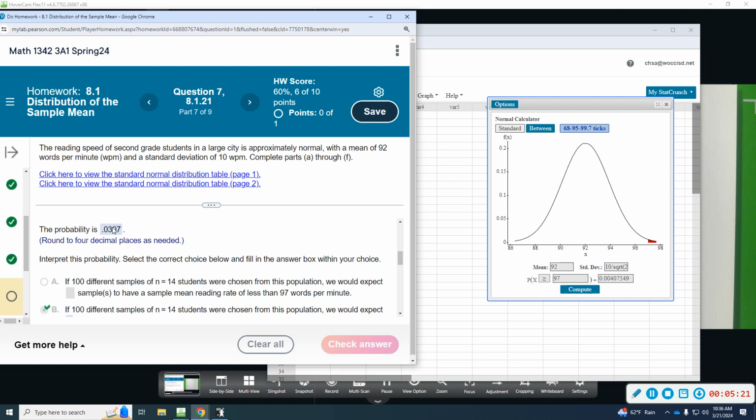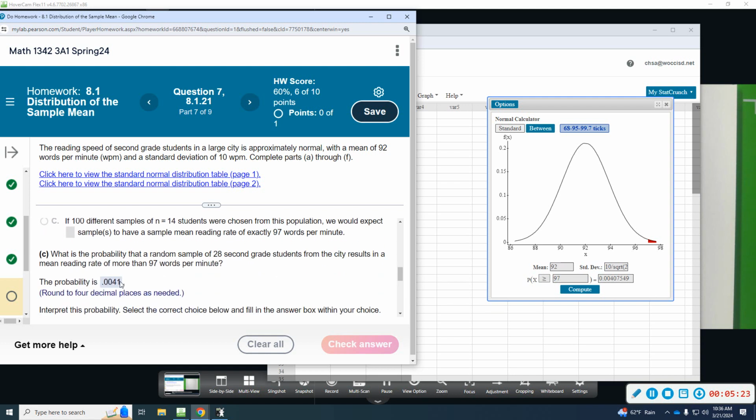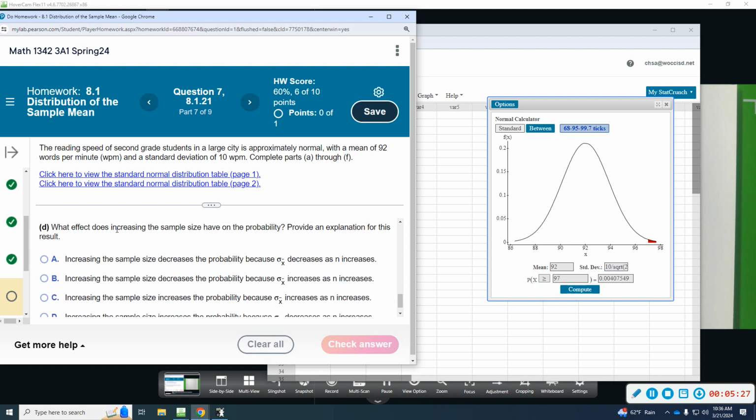So increasing the sample size caused my probability to go down. So that's what this is asking. What effect does increasing the sample size have on the probability? Increasing the sample size decreases the probability because sigma decreases as n increases.